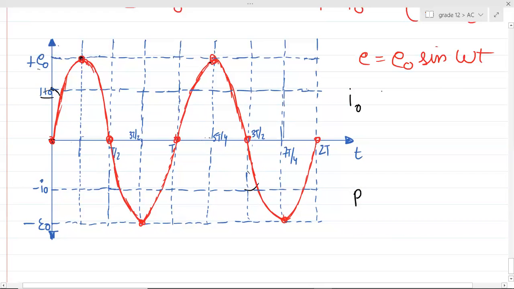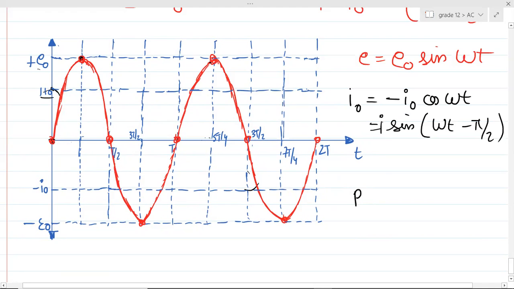The only change will be I will be equal to minus I naught into cos omega t, or basically sine of omega t minus 90 degrees. So how do you draw the graph of minus cos omega t? Whatever the graph was for cos, you just reverse it.